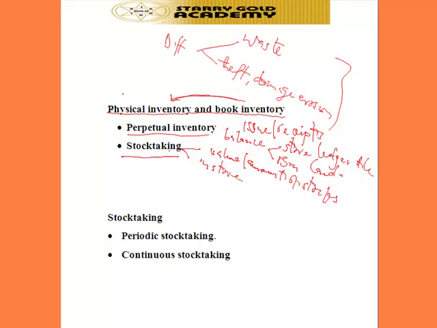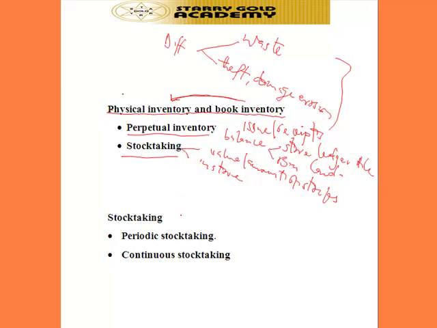That's what is known as stock taking, counting the amount of inventory held on a certain date. And the essence is to confirm if the physical inventory is the same as the book inventory. Are we still together? Okay, so that's the essence of the stock taking.